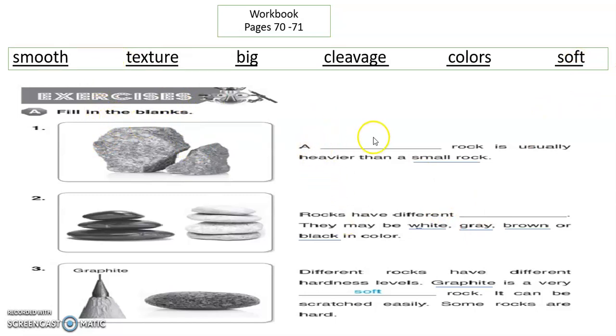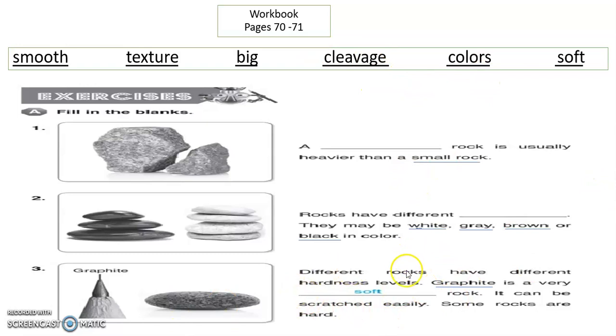Number 1, a blank rock is usually heavier than a small rock. What is the answer? Smooth, texture, big, cleavage, colors. Number 2, rocks have different blank. They may be white, gray, brown, or black. Smooth, texture, big, cleavage, or colors.